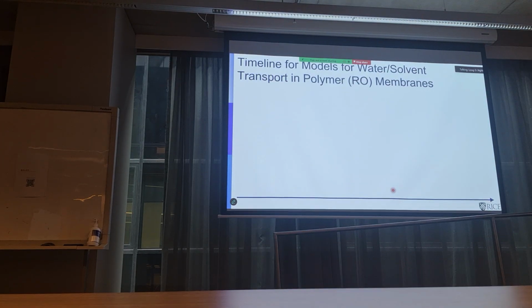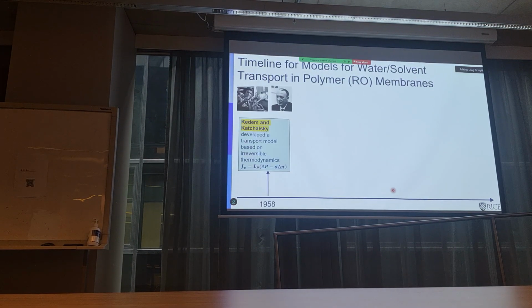So now let me give you a timeline, which will be more the outline of my talk here. The first classic study on transport was by Kedem and Katchalsky at the Weizmann Institute in Israel. Katchalsky was a biophysicist interested in transport in cells, and Ora Kedem at that time was a student, and I think she's now 100 or 101 years old, still alive and sharp, living in Israel.